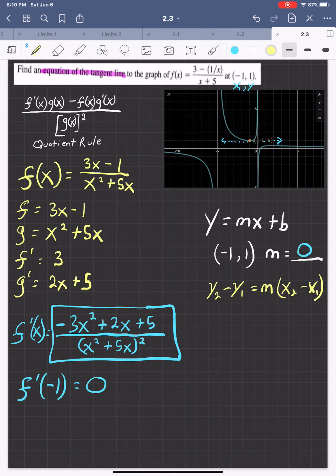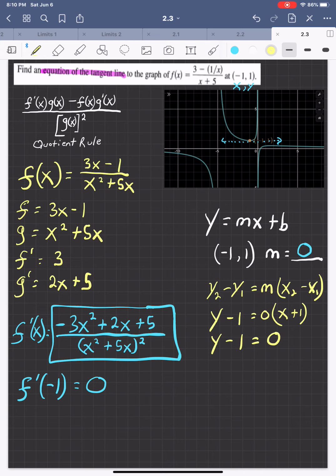So let's plug in some information. I'm plugging 0 in for m and plugging in my point. So this is y minus 1 is equal to 0 times (x minus negative 1), which is x plus 1. The slope 0 being distributed means that the entire right side of the equation is equal to 0.